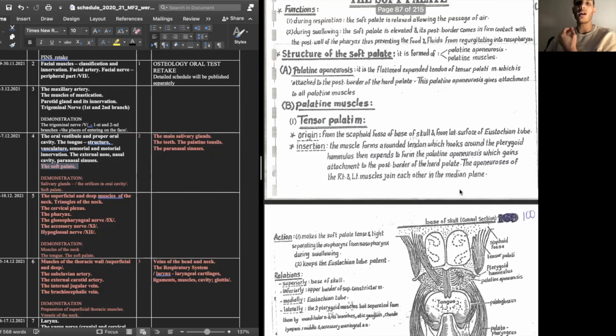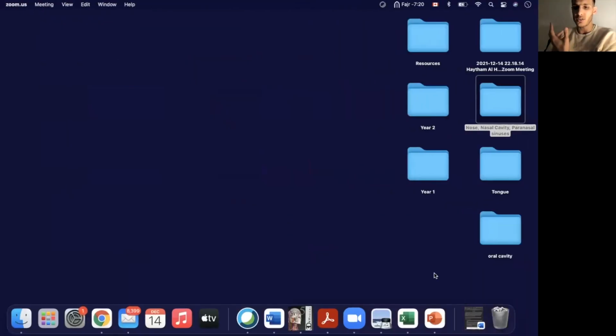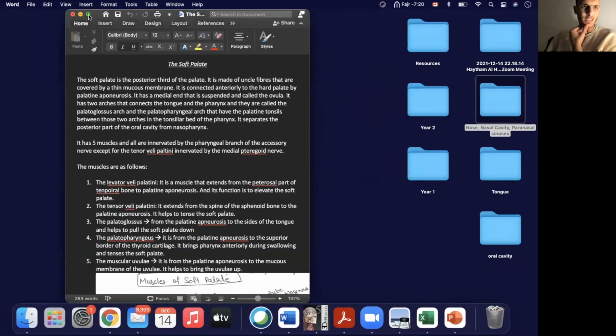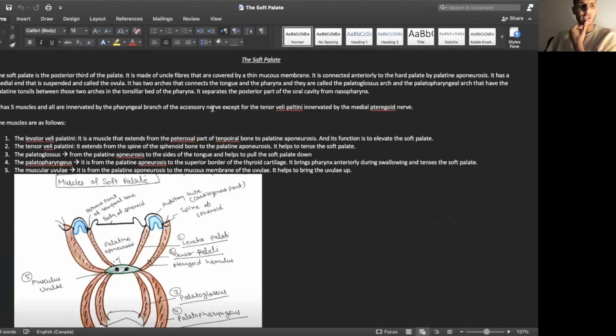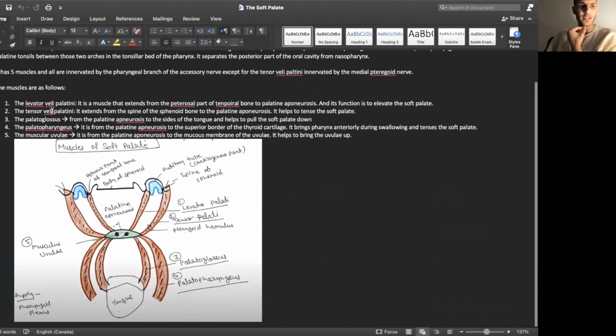Now, I'm going to show you a summary of mine that may be a little bit simpler to your understanding, and this is it. So the soft palate, okay, the muscles that are present here, we have the levator veli palatini, the tensor veli palatini, the palatoglossus, the palatopharyngeus, and the musculus uvulae that we had discussed just a bit ago.